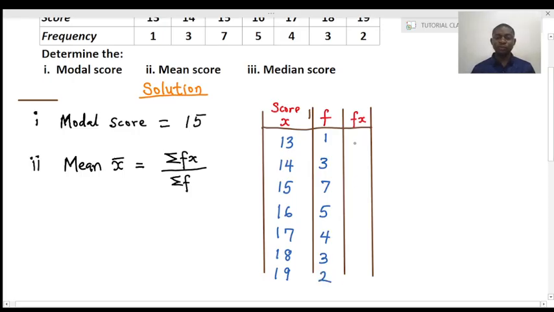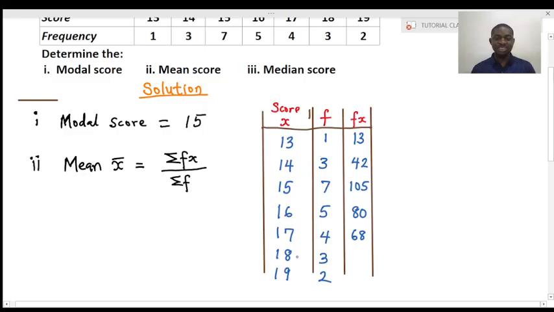Now the product of frequency and score means we multiply each of these. 1 multiplied by 13 gives us 13. 14 multiplied by 3 gives us 42. 15 multiplied by 7 with our calculator gives us 105, followed by 16 multiplied by 5, which gives us 80. 17 multiplied by 4 gives us 68.